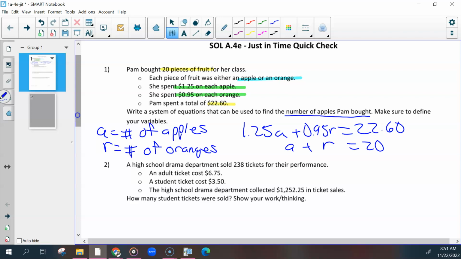Let me grab my calculator. And we are looking for a number of apples. So if we got rid of the oranges, that would help us. So I'm going to multiply by 0.95.